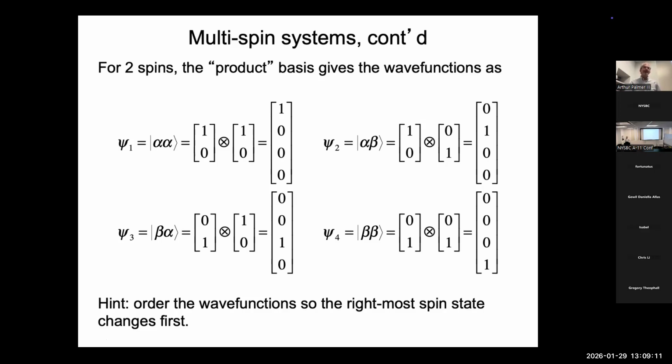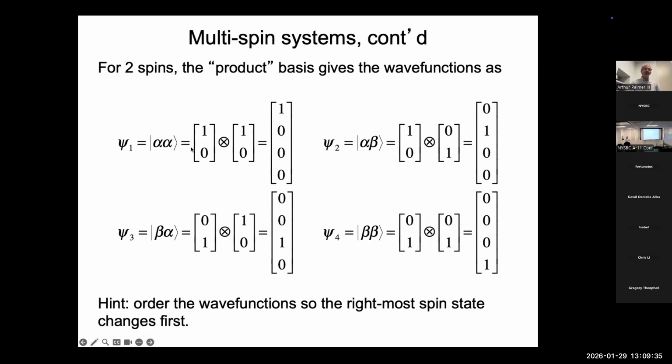And that'll always be the rule for how I decide to order things. So the rightmost element changes first. And so first I change this alpha to beta, and I get a 1 here. And I change this one to beta, and I get a 1 here. And finally, both are betas, I get a 1 in the last position.